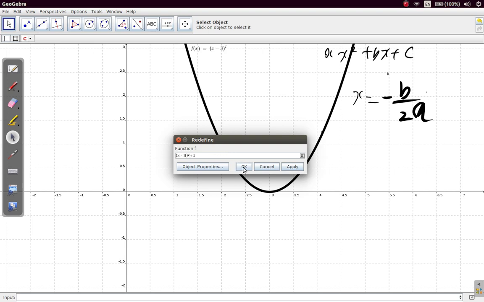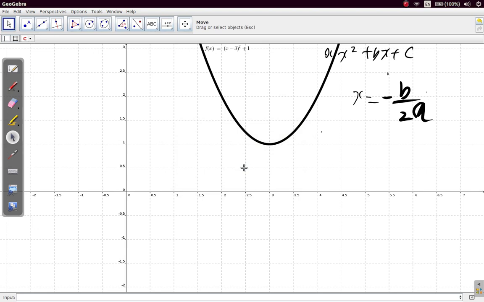What would happen here? x minus 3 squared plus 1. Now, this is y equals x minus 3 squared plus 1.